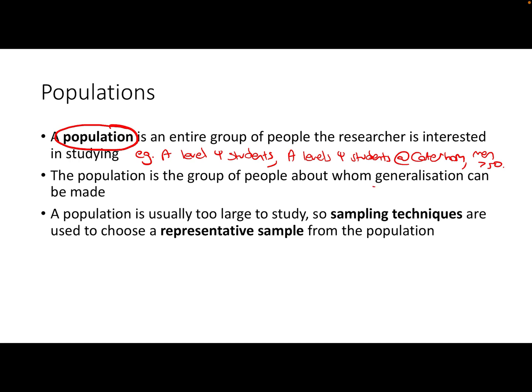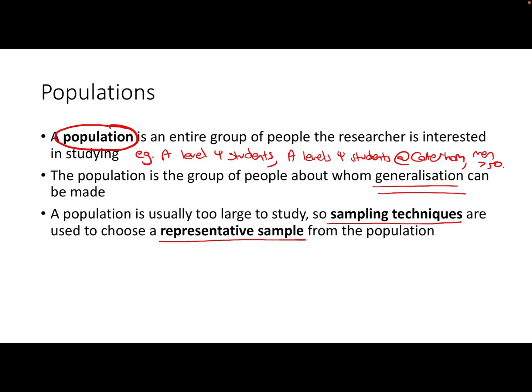What we want, however, is to be able to make generalizations about this population. And we do this by selecting a sample using a particular sampling technique that we hope is a representative sample. So this set or selection of participants that we've selected to include in our study represent our population on really important characteristics.